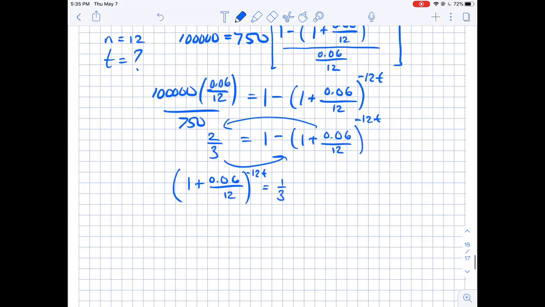Now, we need to get this t out of the exponent, so this is where we're going to take a logarithm of both sides. So we're going to get ln of the left-hand side is equal to ln of the right-hand side. Now, let's write that out on its own.